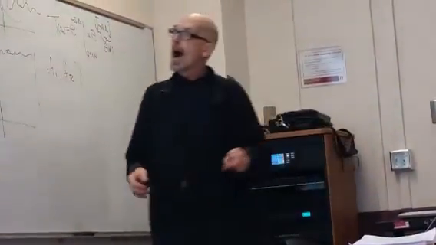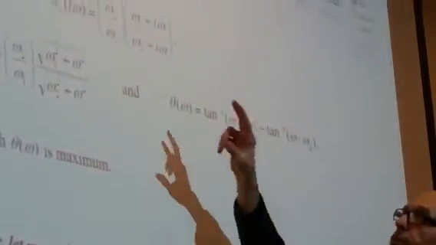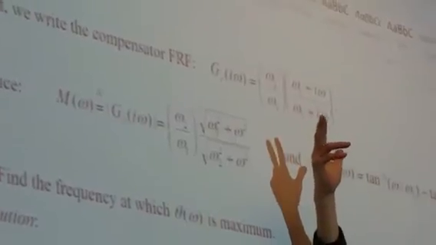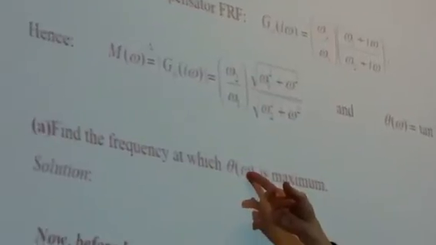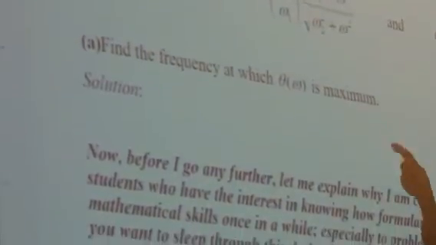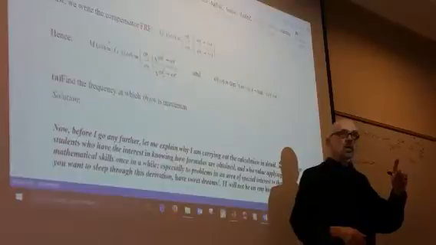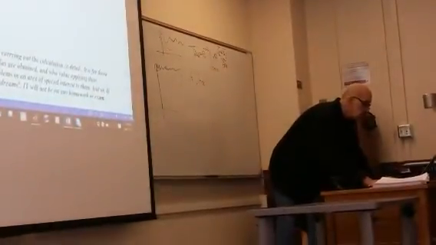So I need to know how this frequency, omega max, that we're going to maximize this over, relates to omega 1 and omega 2, the two parameters in this compensator. I need two equations. One of them is going to be the expression for omega where this phase maximizes, because then I can say I want the compensator at that omega. That gives me one equation, and then I'll just need one more equation, which is how much angle I want at that frequency. So we need two equations and two unknowns.